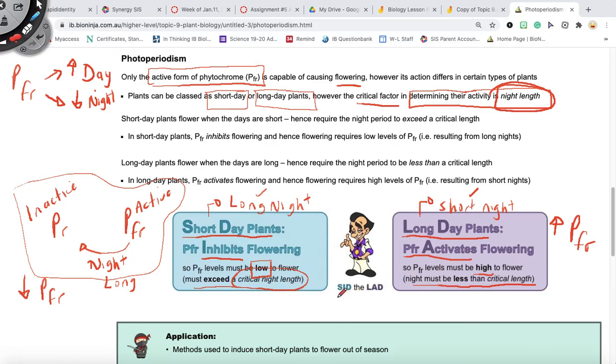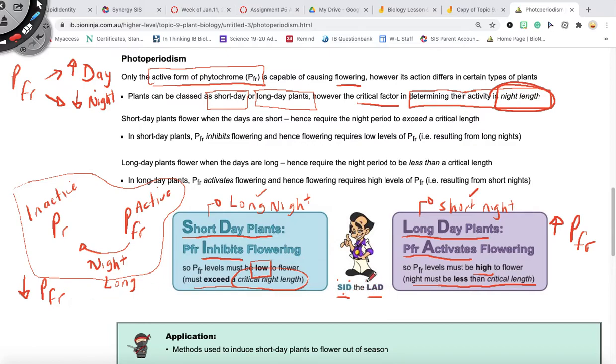So the mnemonic here to help you with this is Sid the Lad. Short day plants are inhibited by PFR. So you want to exceed the critical night length to allow for this reversal process and drop the levels of PFR.